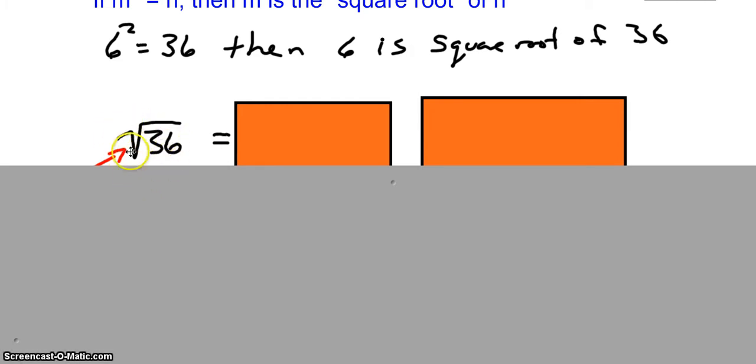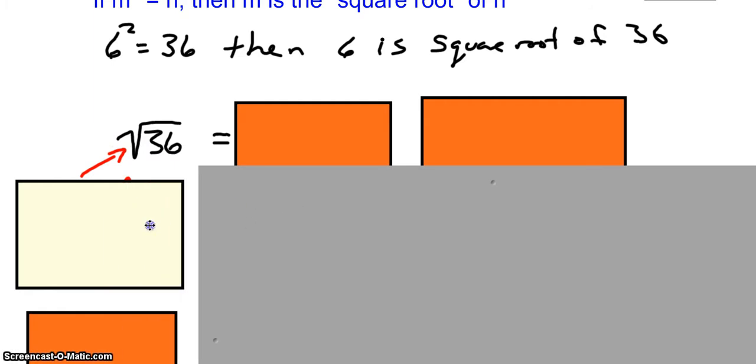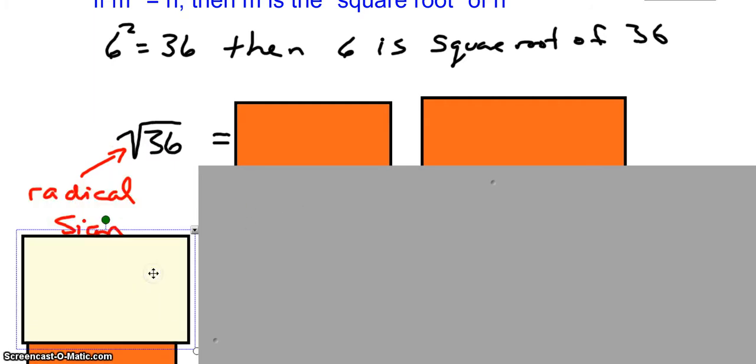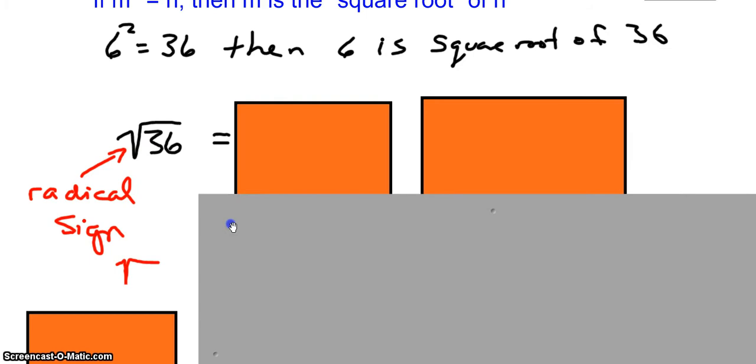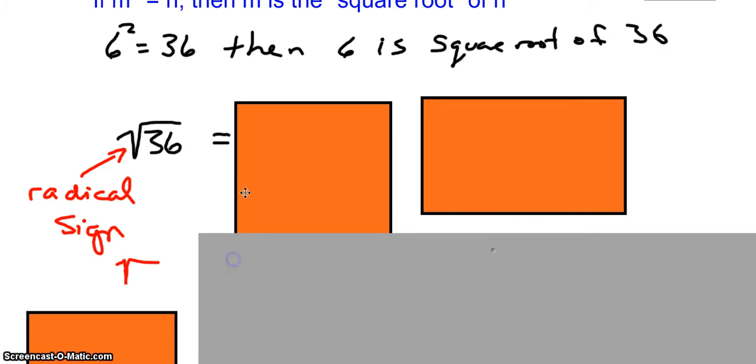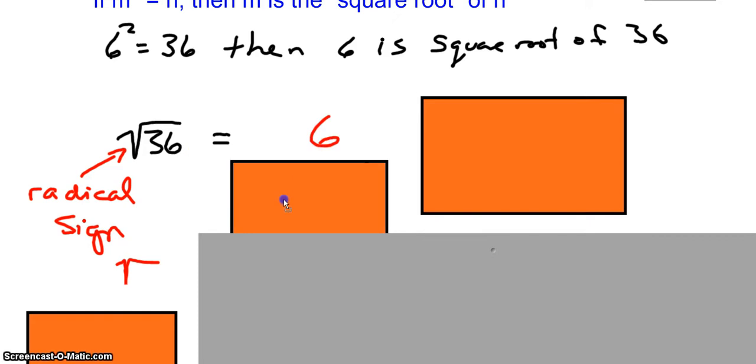Well, this symbol you see outside of the 36 is a radical sign. A radical sign tells us to find the square root of the radicand, the expression inside of the radical sign. There are actually 2 possible numbers that, when squared, equal 36. The first is 6. Good.